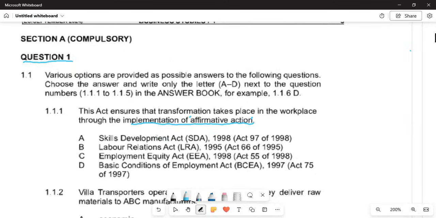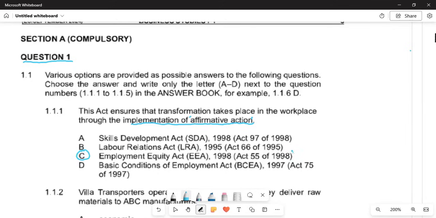That's when we talk about the implementation of affirmative action. So now we want to know the correct answer, and we are given skills development, labour relations, Employment Equity Act, and Basic Conditions of Employment Act. Here the correct answer is C.